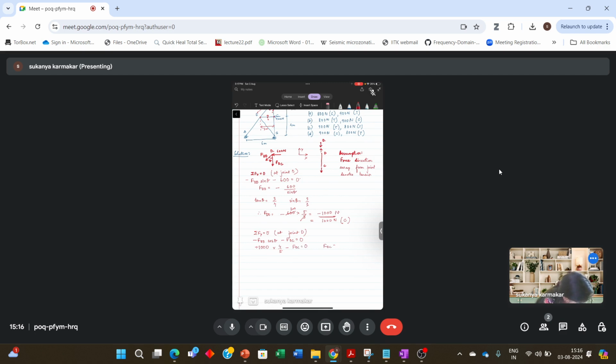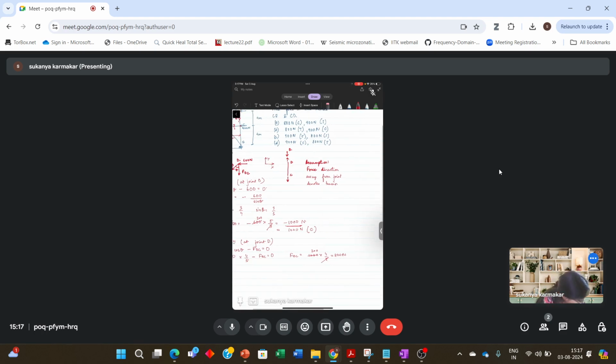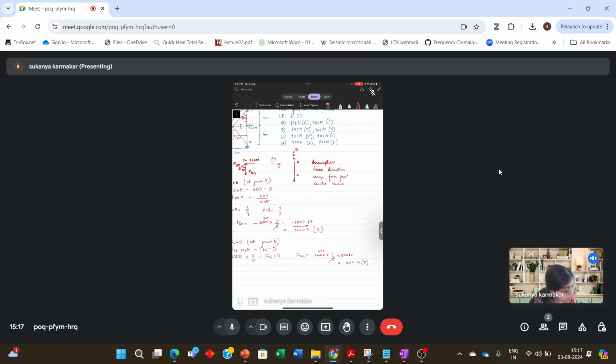So FDC comes out to be 1000 into 4 by 5, and it comes out to be 800 Newton. So positive means 800 Newton tension. So this is the correct answer.